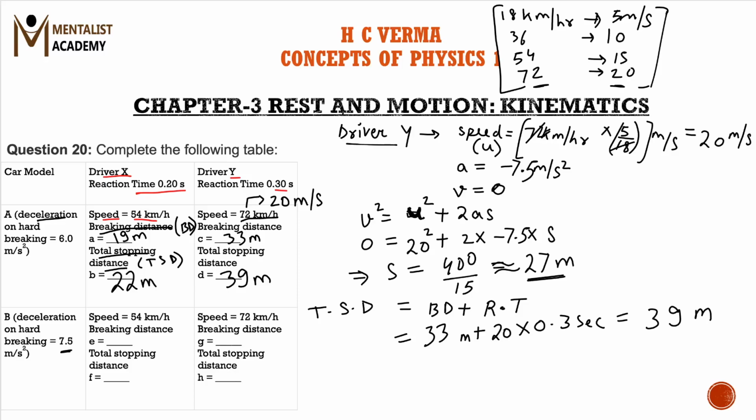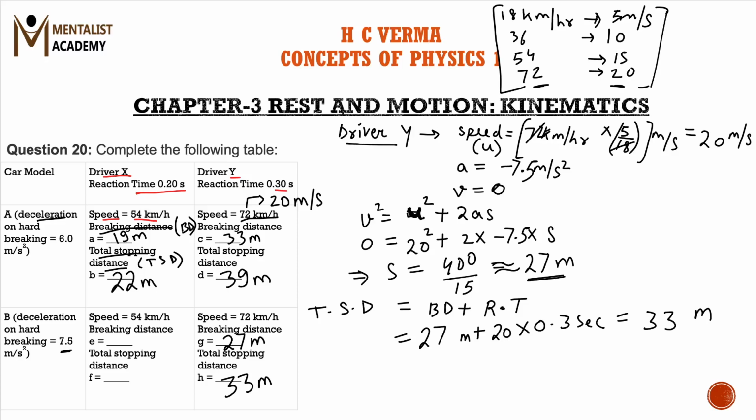So the braking distance has come out to be 27 and the total stopping distance would be 27 plus 6, which is 33. So let us write down the braking distance as 27 and the total stopping distance as 33.